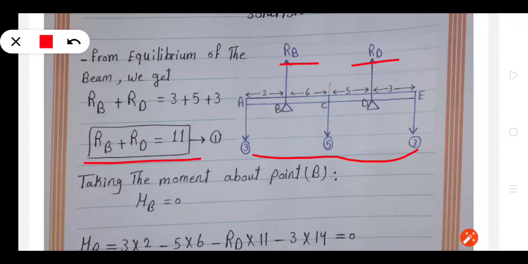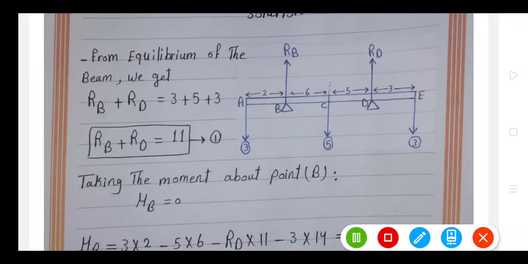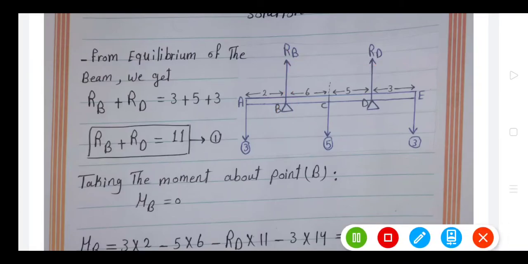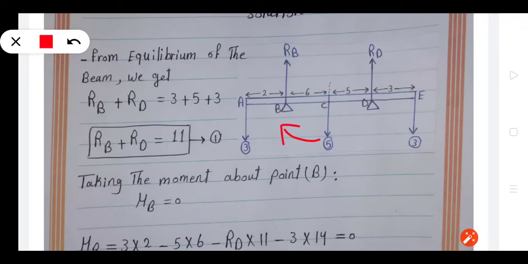So now we will take a moment about point B. We can cancel RB. We have forces 3, 5, 3, and RD. The 3 is anti-clockwise times distance 2, and the 5 is clockwise with distance 6, so that equals negative 5 times 6.